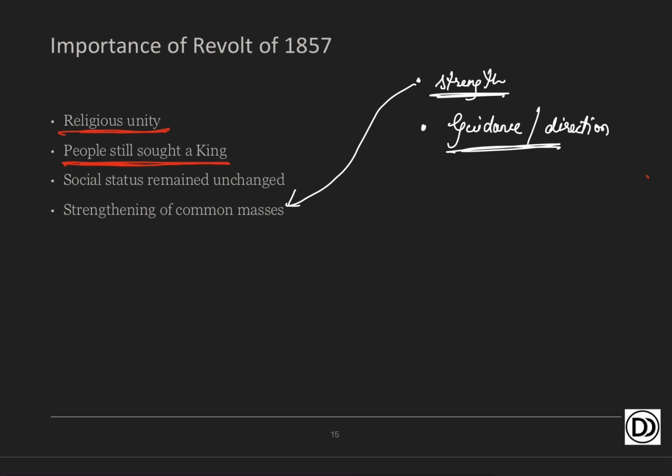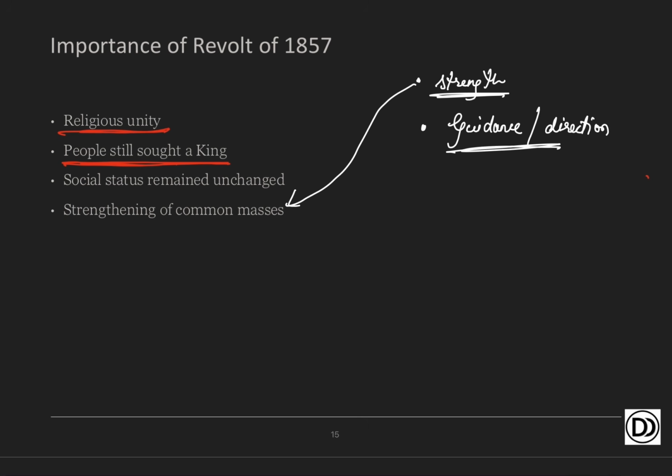The sepoys revolted, the masses followed the sepoys. There were proclamations, the kings fought, masses followed. Where they didn't have anyone to follow, they attacked anything which was British. But defeating the British was a big task. It couldn't be done in this way. And to do something big, common masses were not organized enough.